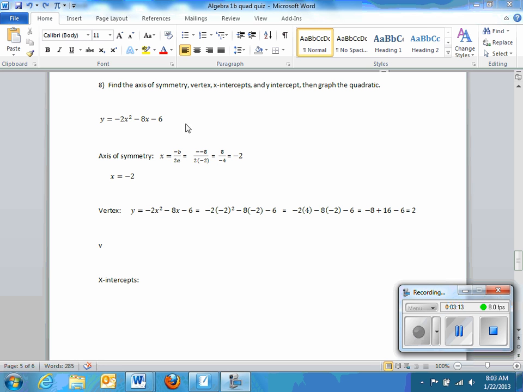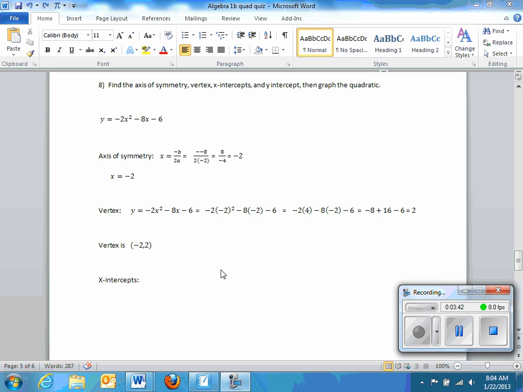So when I plug in negative 2 for my axis of symmetry in for x, I end up with y equaling 2. So my vertex is negative 2 comma 2. Again, the negative 2 is from here, and then when I plug it into this equation, y is positive 2, so the vertex is negative 2 comma 2.